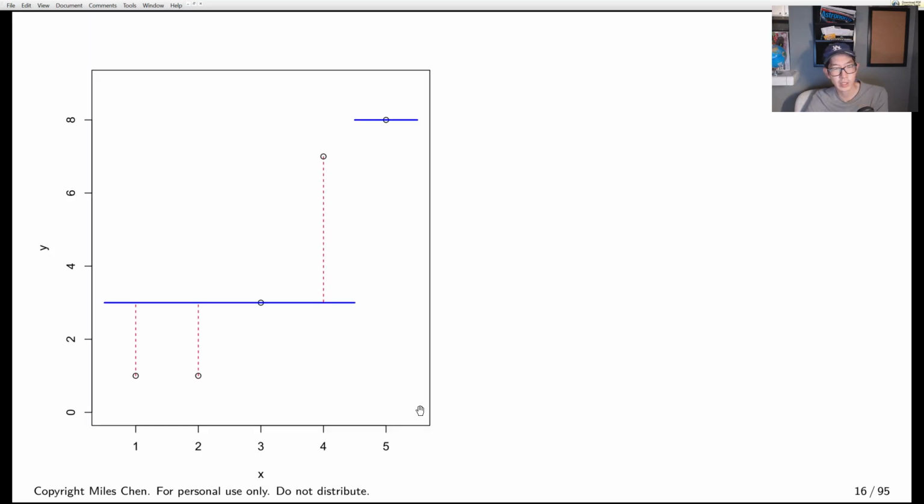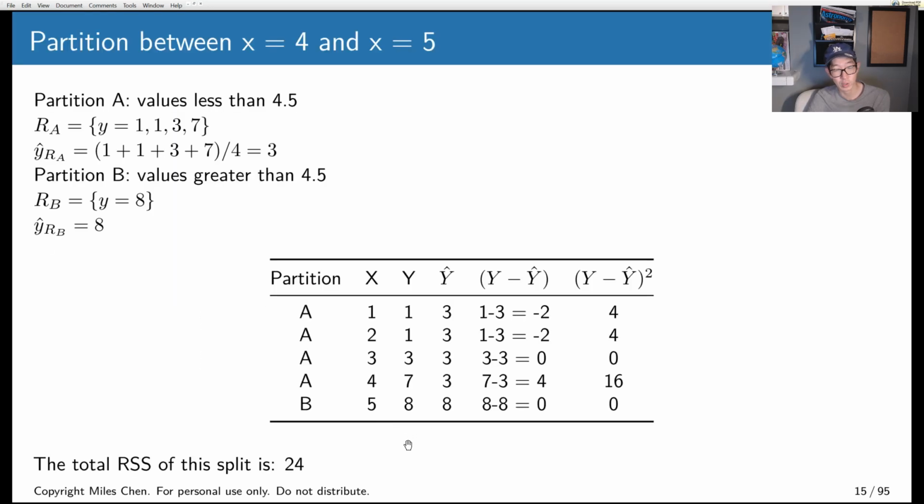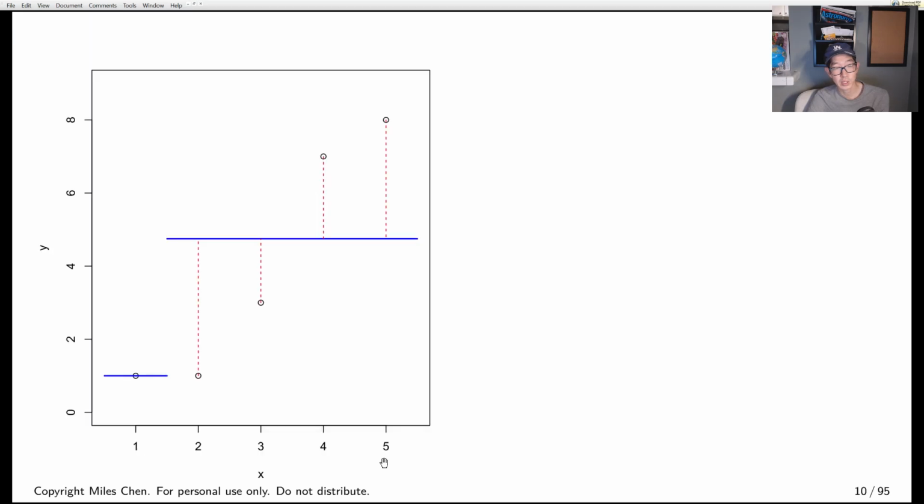So we have 4 partitions to consider: between 1 and 2, between 2 and 3, 3 and 4, and 4 and 5, or 1.5, 2.5, 3.5, and 4.5. And so reviewing all of these, we had an RSS of 24, RSS of 3.1667, RSS of 14, and an RSS of 32.75.